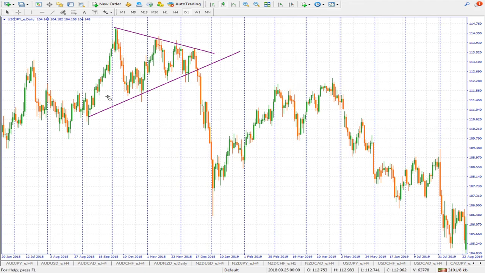So we have support there, support there, support there, resistance there, resistance there, resistance there, then we have another resistance there. This candle, the red one, opened here and closed below. The fact that the price closed below this level is a very good sign that we've now broken below the shape and that we are now sellers.